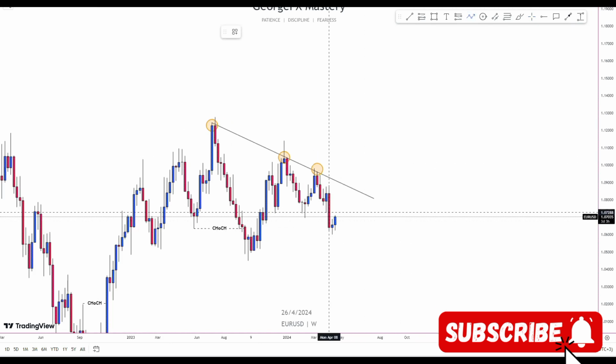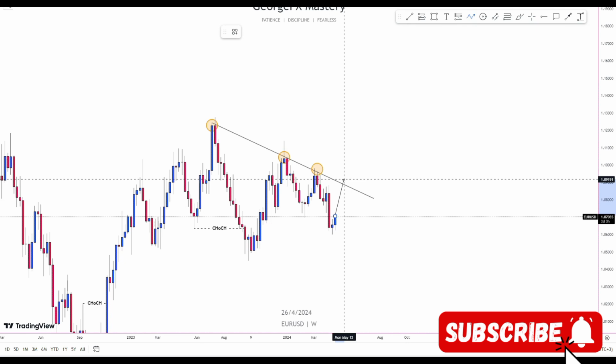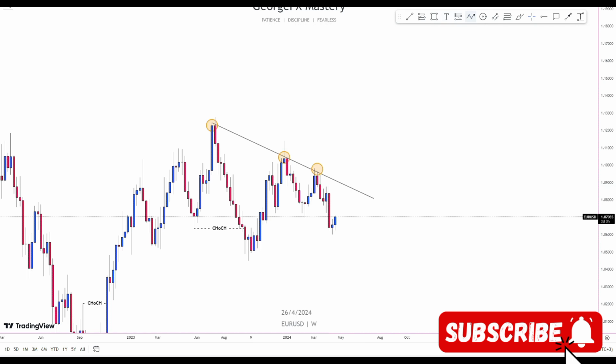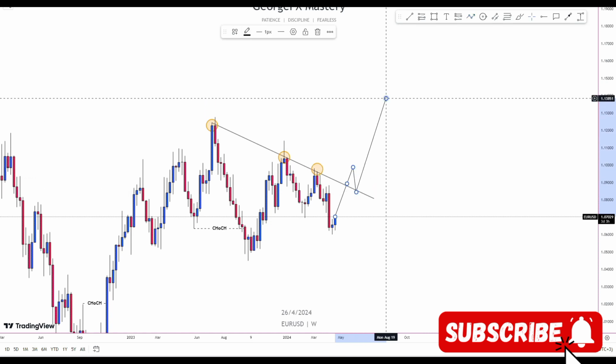But there are two ideas, of course, in the market. The first thing you might be expecting is to see the market respect that trend line again. The other thing you might be looking at is to see the market disrespect that trend line and continue with our bullish trend. We don't know yet.